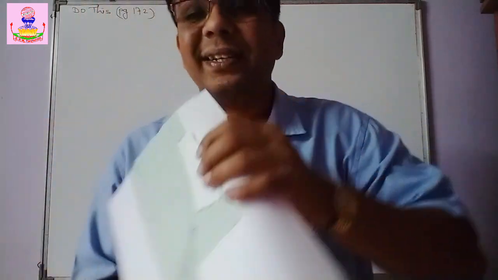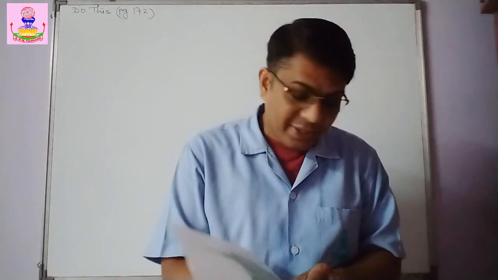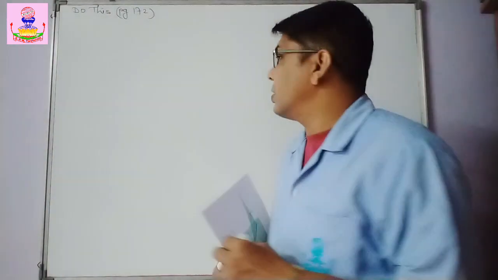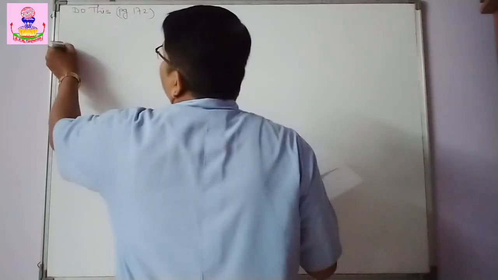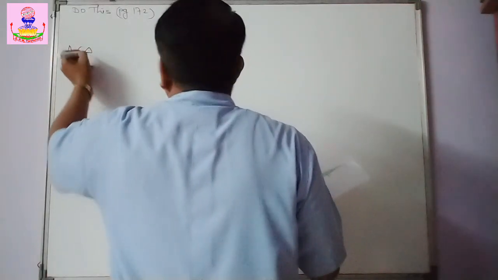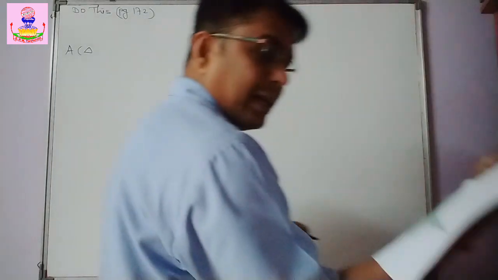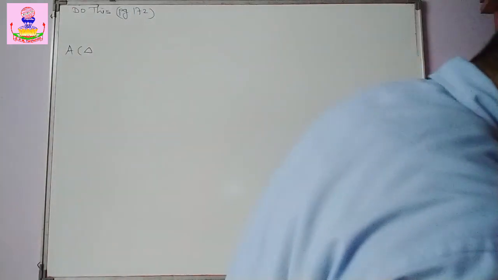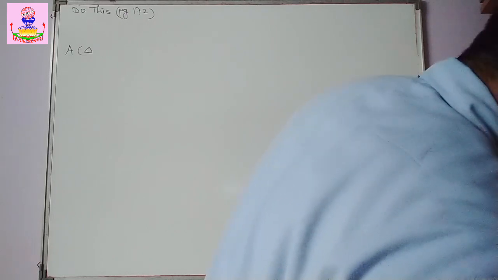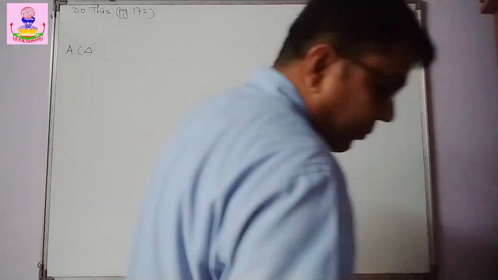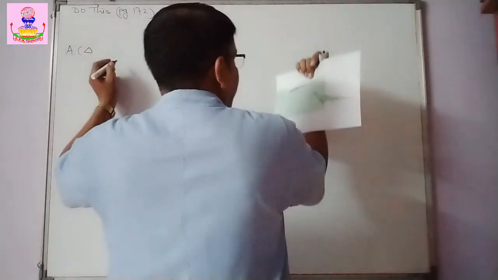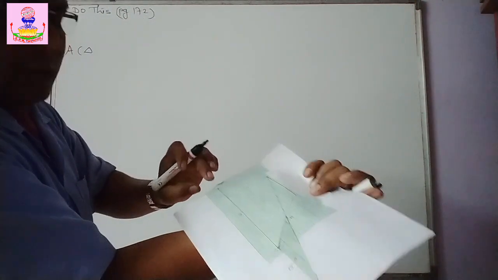Now, what is the area of the triangle? This triangle will be triangle WBZ, that is the triangle which is formed now.